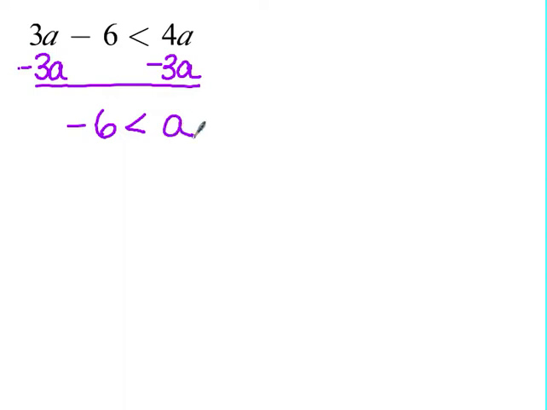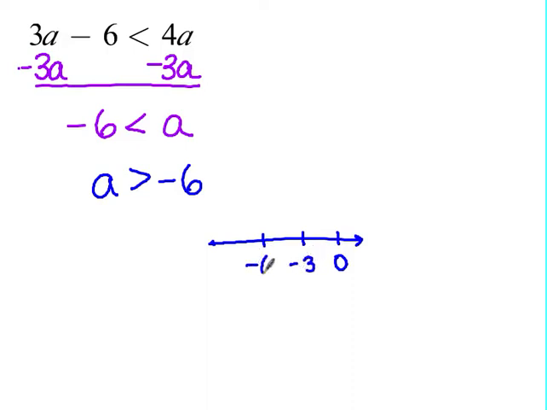And so remember, whenever we have it flipped like that, it might be a little easier for me to see it written like that, so I just switched them. a is greater than -6. So if I have my number line, what type of circle do I have at -6? Open, and which way do I shade? To the right, very good.